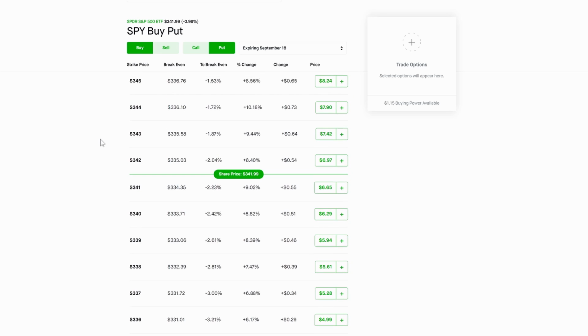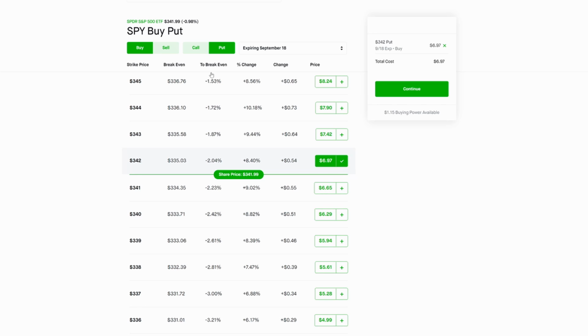Then remember you want to select strikes that are slightly in the money or at the money. So strike prices that are slightly in the money would be the 342, the 343. So you would select first, you buy, then you change it to sell and select another strike that is lower to create a debit put spread.